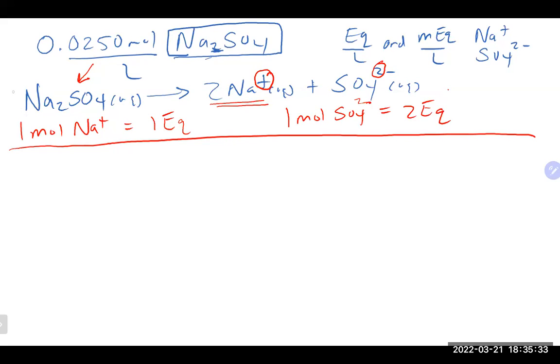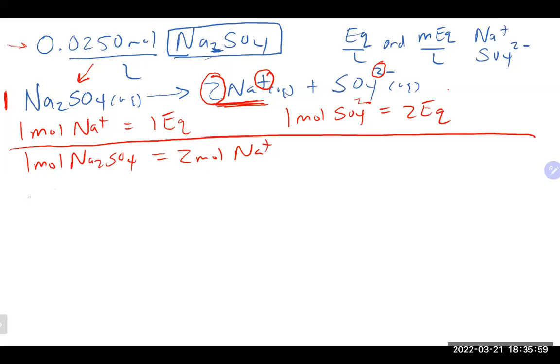For every 1 mole of the whole thing, how many moles of just the sodium ion would there be? There would be 2, that's in front there. That would give us 2 moles of the sodium ion. So we could use that to convert our concentration of the whole thing to just the sodium.